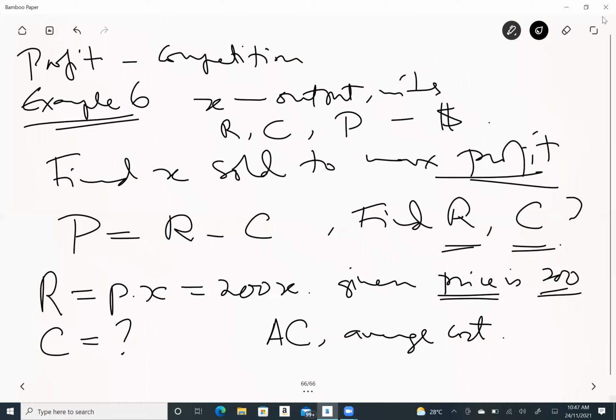So how do you get cost from average cost? So I need to find cost. What is average cost? Anybody remember? How do you get average cost from cost?